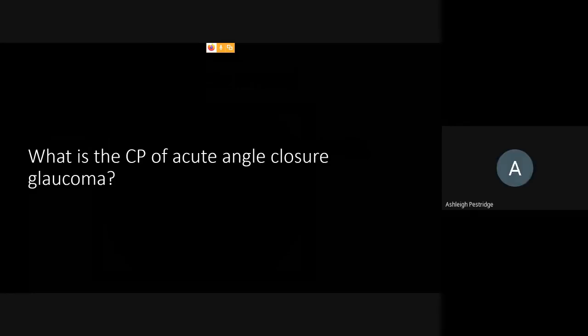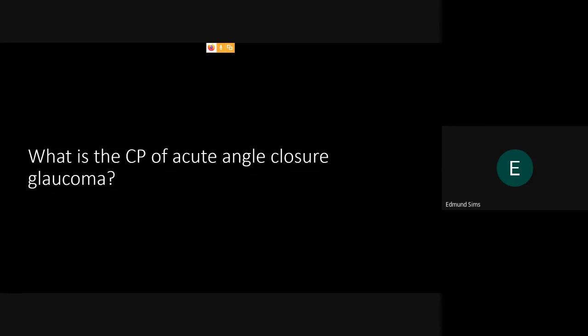Severe pain? Yep. So what will the pain often be associated with? And be worse with light? Yep, fantastic. What else? Nausea and vomiting? Yeah, nausea, vomiting, headache. Yep, and what will they notice around lights? Halos around lights? Yeah, fantastic. And they'll have a hazy vision.